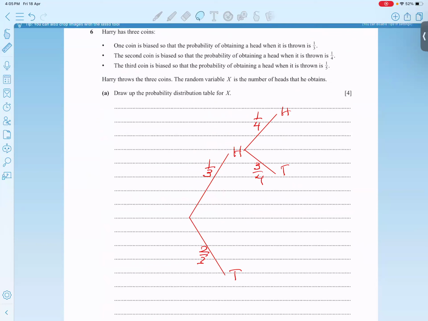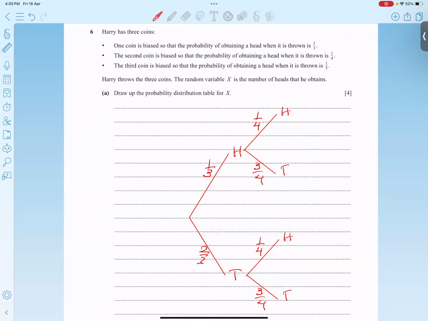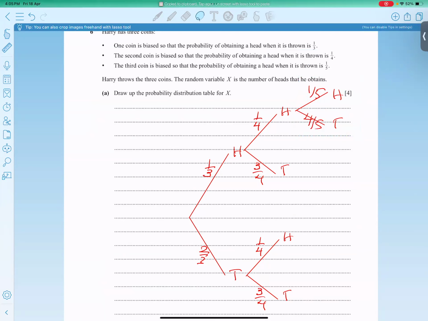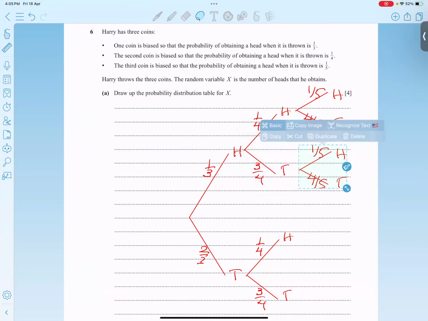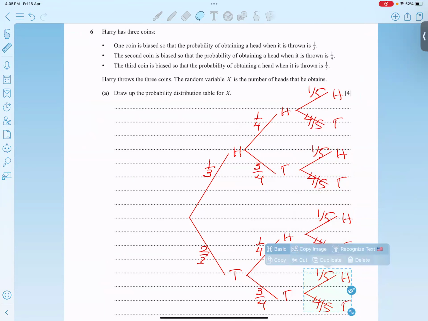I think the idea is clear, and this part I'm pasting here. Third one, if you look carefully, students, head or tail, the chance of head is 1/5, and tail is 4/5. So I apply it, dragging this part and pasting it here, here, and here. I think it's clear. I have saved my time, and look carefully now.